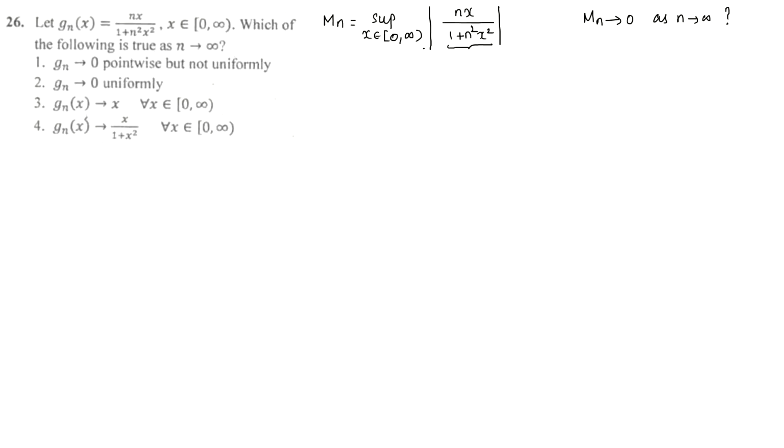So consider nx by 1 plus n square x square. Now we have to determine what is the supremum of this function in the closed interval 0 to open infinity.